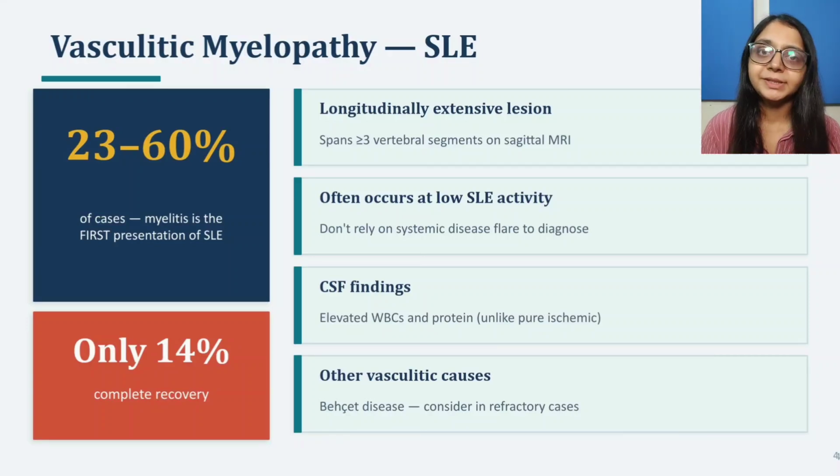The child may not yet carry a lupus diagnosis, and it often occurs at time of low systemic disease activity. So, you can't use "she's not in a lupus flare" to rule this out. The prognosis is sobering. Only 14% of children experience complete recovery. This is why early recognition and treatment matters so much. Other vasculitic causes to keep in mind in children include Behçet's disease.